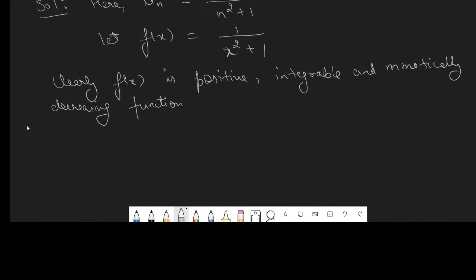There is a trick also you can try in some questions. Here you can see it easily, but in some questions it is difficult to see whether the function is decreasing or increasing, and it is very confusing. So what you can do is write down f(x), then find out f dash x, and find out the values of x.